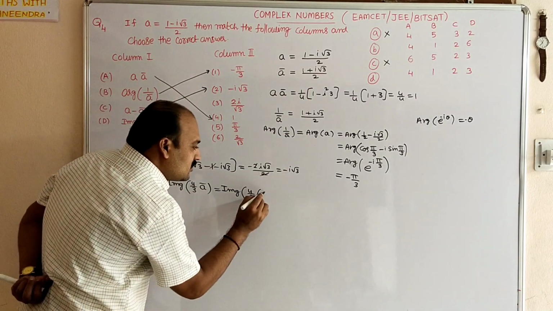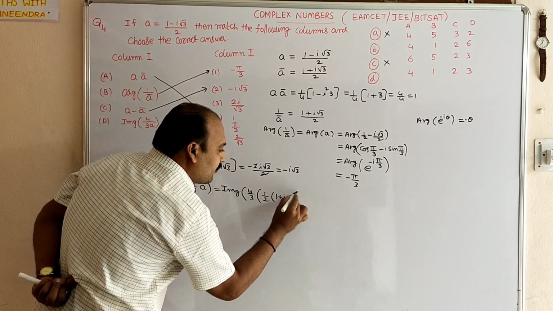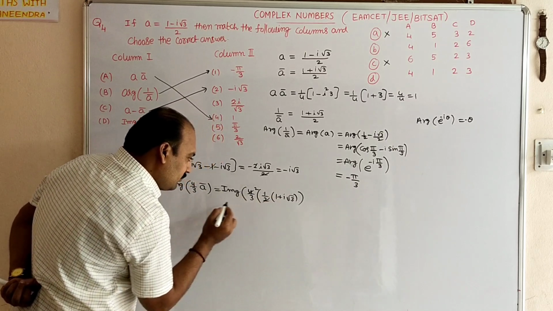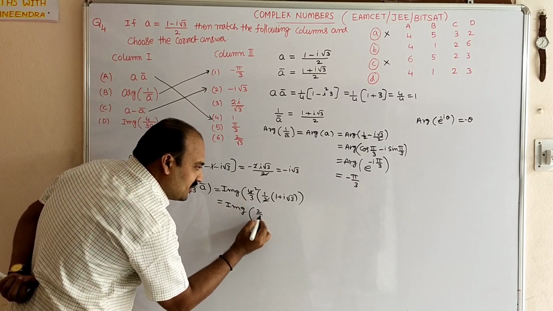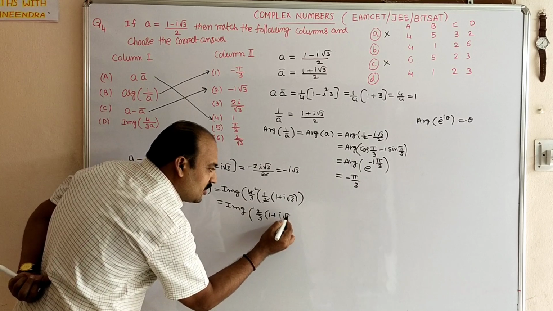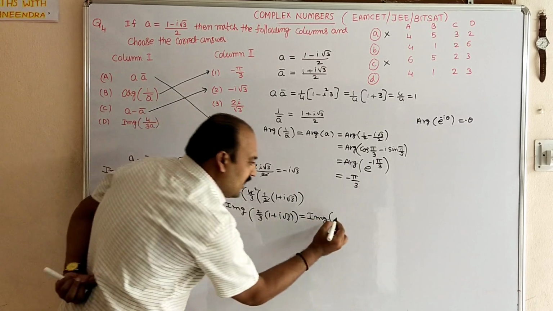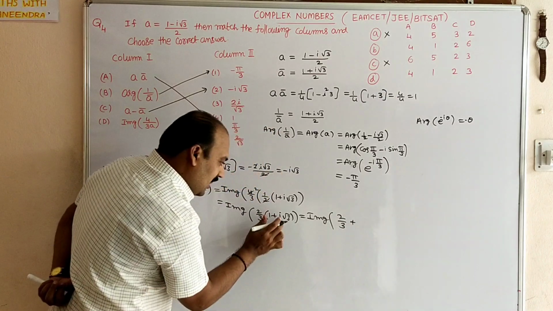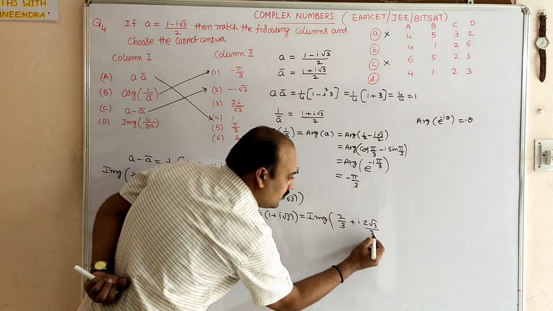I already wrote it: 1 by 2 into (1 plus i root 3). So 2 ones are 2, 2 twos are 4: imaginary part of 2 by 3 into (1 plus i root 3). Now multiplying, imaginary part of 2 by 3 plus i into 2 root 3 divided by 3.